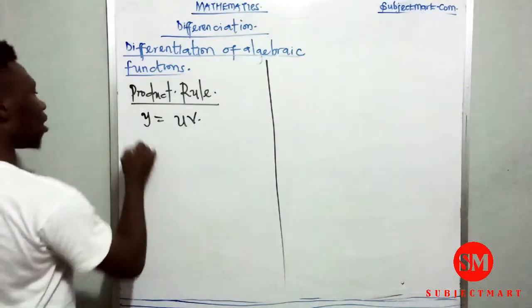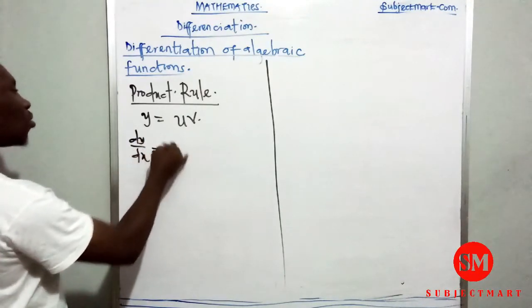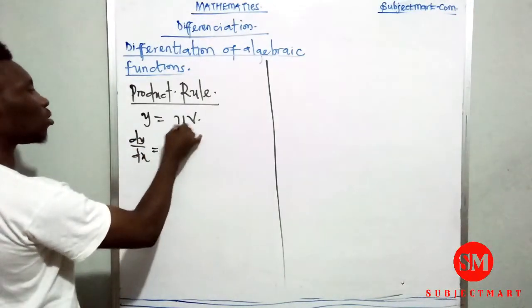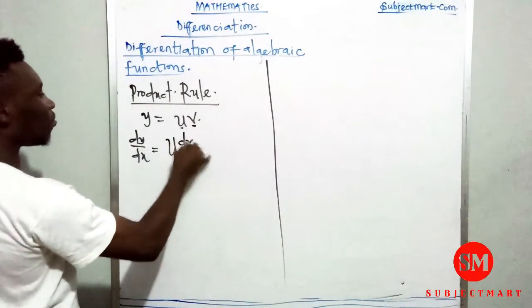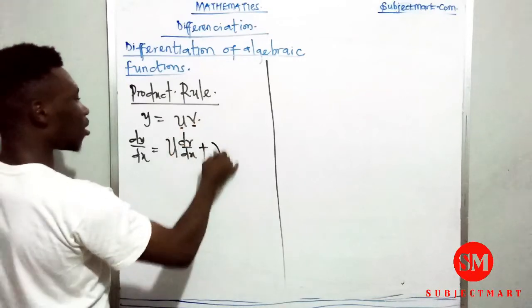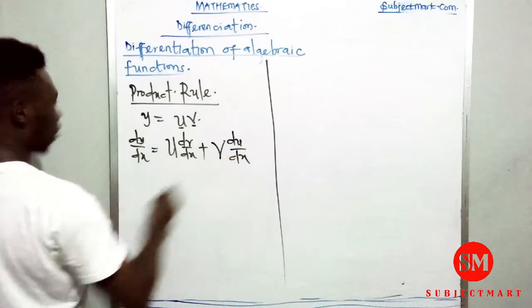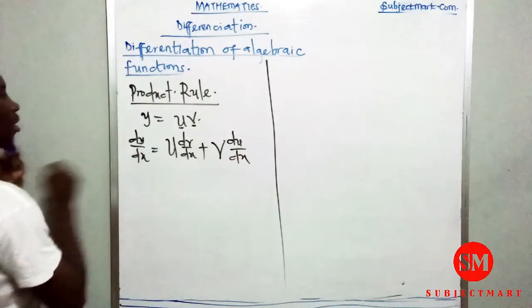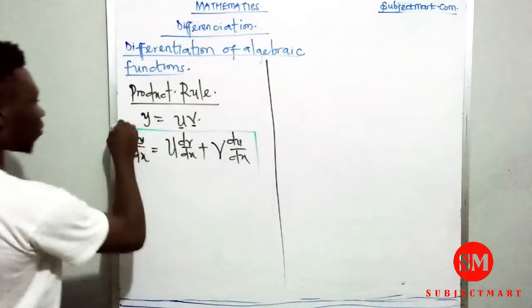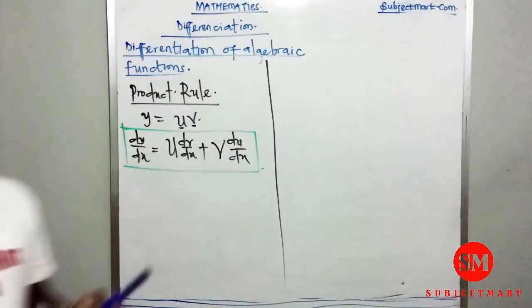Having u and v, your dy/dx of this particular function is equal to u, if you hold this u, you differentiate this, that is dv/dx, plus you hold your v, differentiate your u, that is du/dx. Now this here is the formula for solving any product rule question.